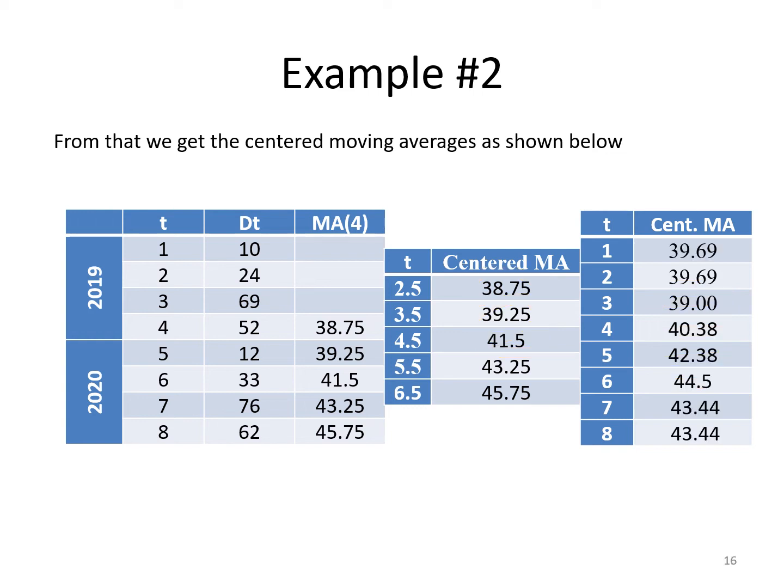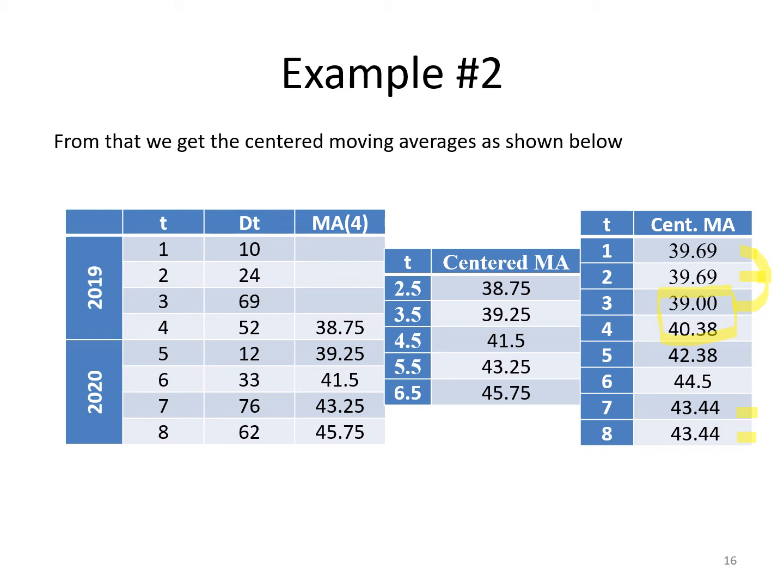Now, for the remaining time periods in which we do not have a centered moving average, which are specifically periods 1, 2, 7, and 8, we calculate an estimated moving average by taking the average of these two values and putting it here and here in the first 2 periods.